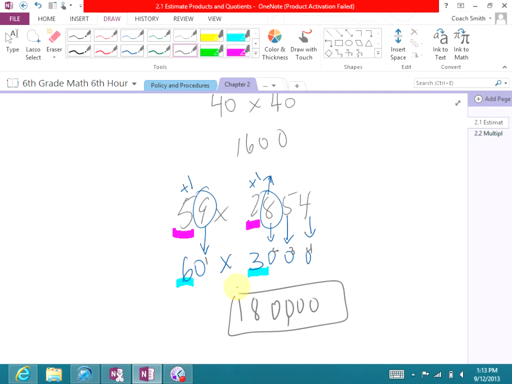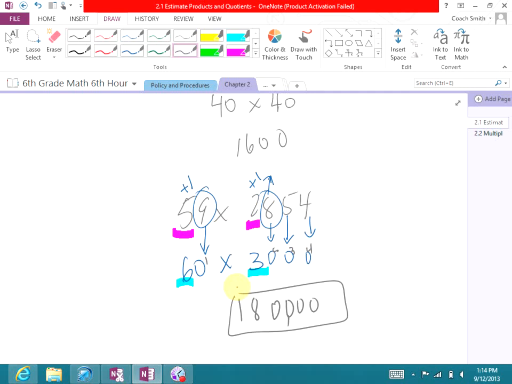Well, if he would estimate it, he would see that he came up with 1,600, and let's say he made the same mistake when he actually multiplied it out. Well, he would know that his estimate was 1,600, and he got 160, so he knows he did something wrong at that point. That's what estimation is used for, to help you check what you're doing, to see if your answer is realistic or reasonable.